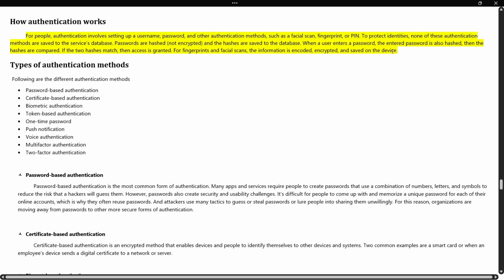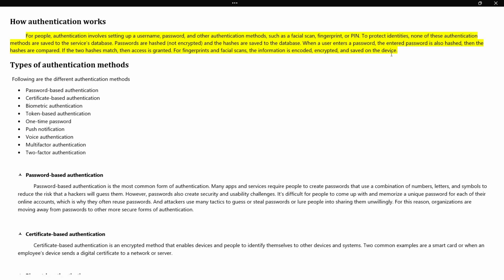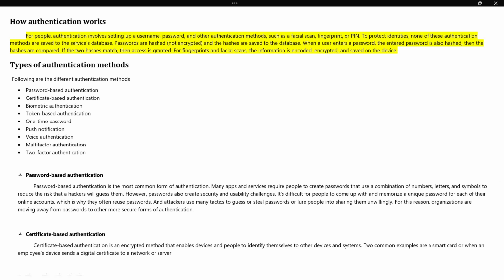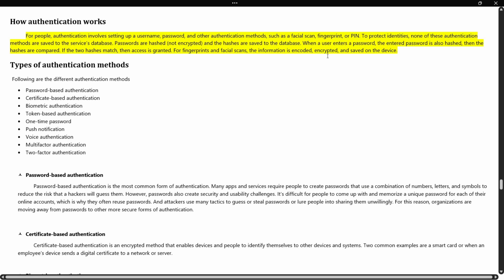That will be saved onto the device. Initially this is saved while registering. Once you have registered, this information is saved, and while logging in, it will take the information, decode and decrypt it, then match it with the stored data. If both are the same, then it will grant the access. So this is how the authentication works.